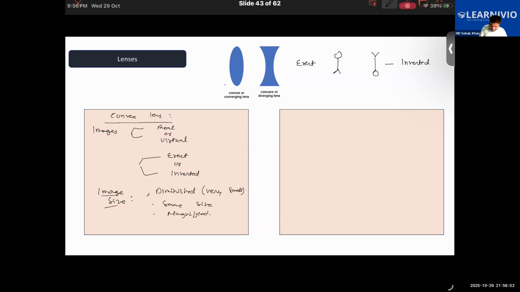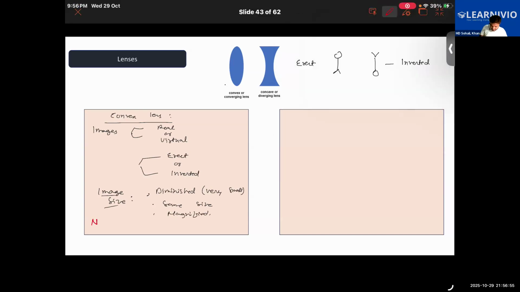So the nature of image depends upon the distance of the object from the lens. Any questions about it? Tell me. No, sir. Okay, good.